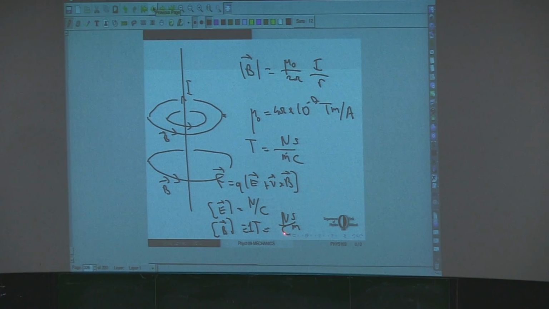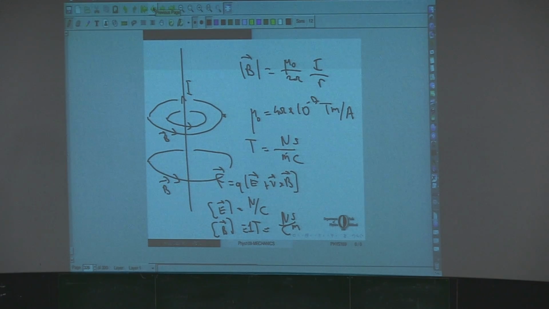And the definition of Coulomb is determined by the definition of the ampere. So once you measure ampere, you cannot change Coulomb. So the definition of Tesla is already fixed by your choice of mu0. Once you choose mu0, you already fix the magnitude of 1 Tesla.